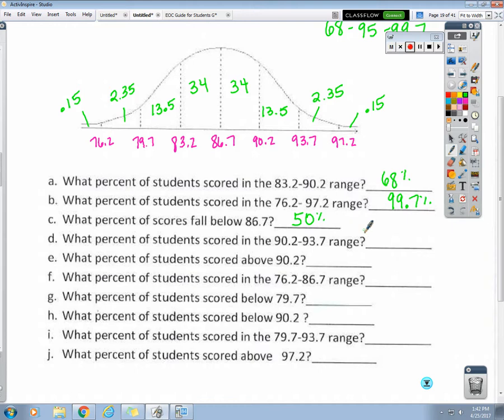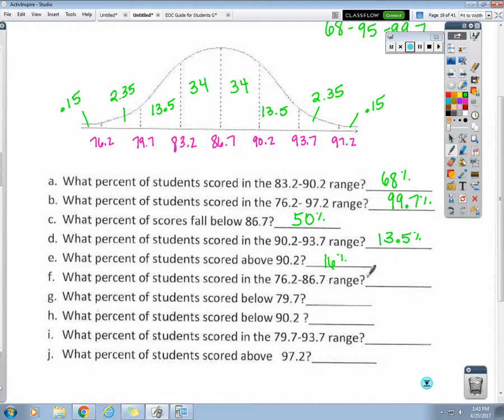What percent of students scored in the 90.2 to 93.7 range? 13.5%. Because that's between 2 and 1 standard deviations above. What percent of students score above a 90.2? 16%.